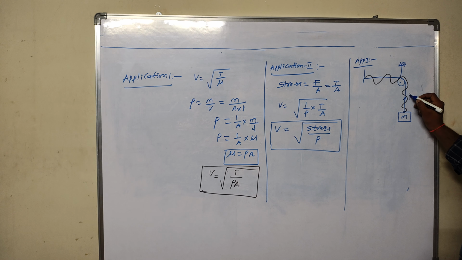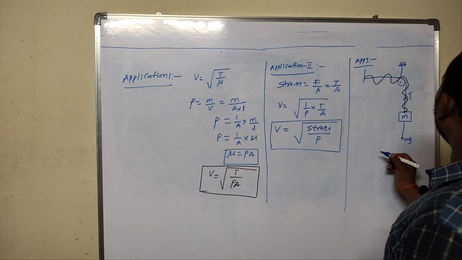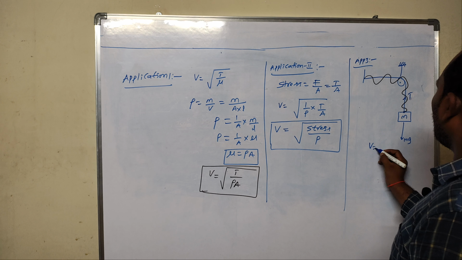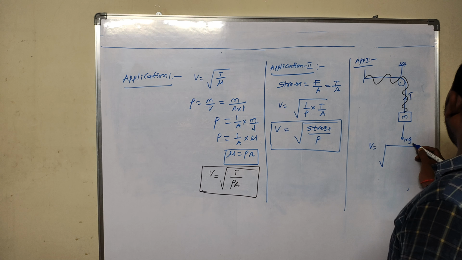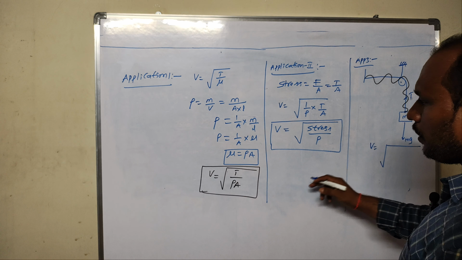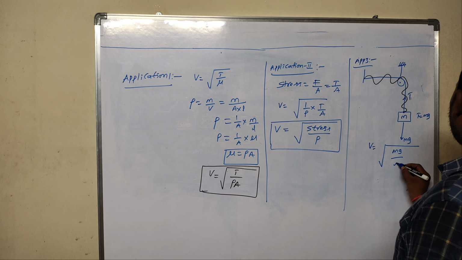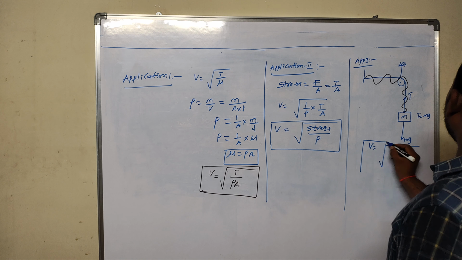That is the tension force T. And downward, what force is acting? Mg. So V is equal to root of T by mu, and T is equal to Mg. So in the place of T we put Mg, giving Mg by mu.